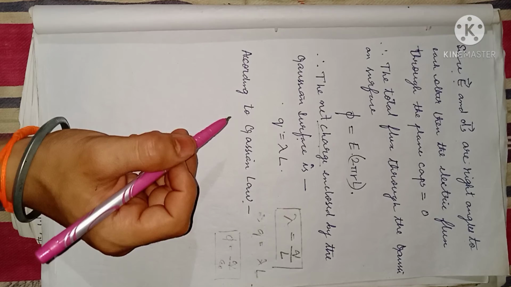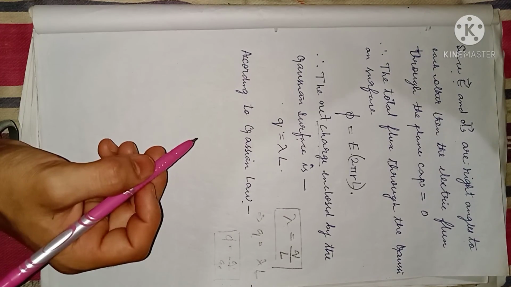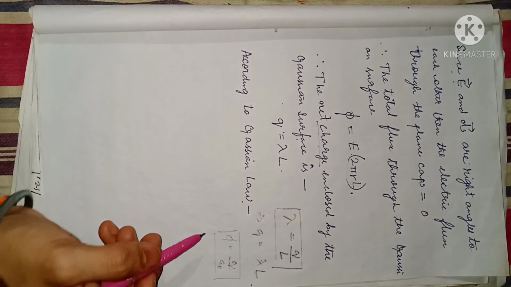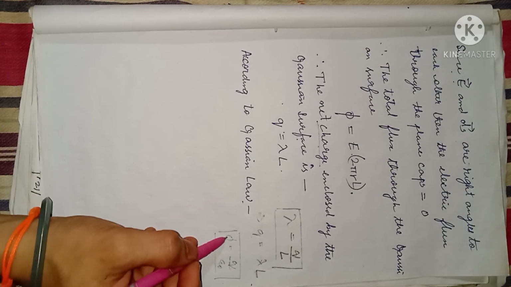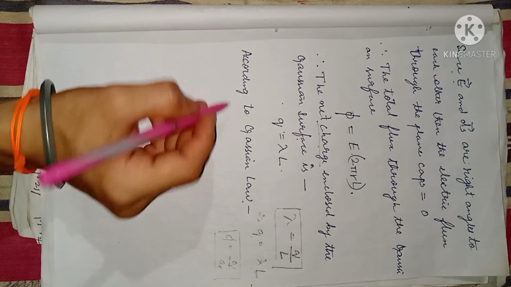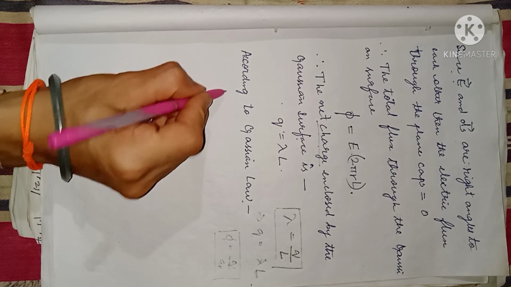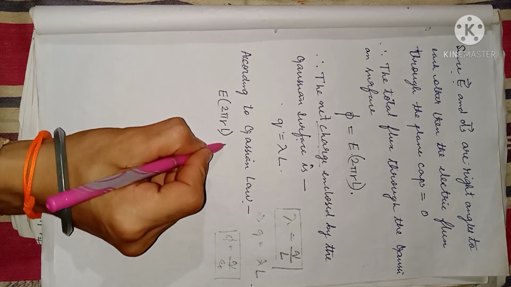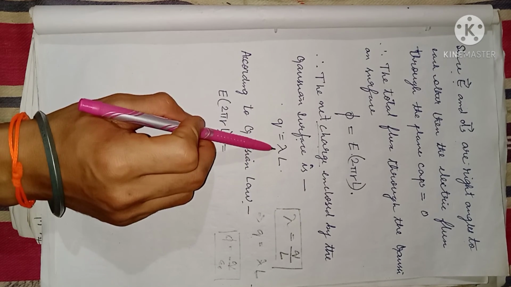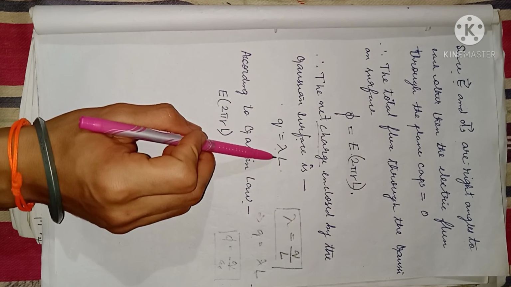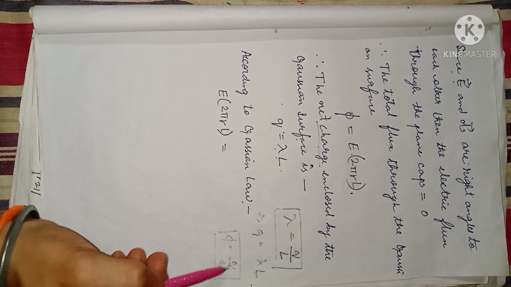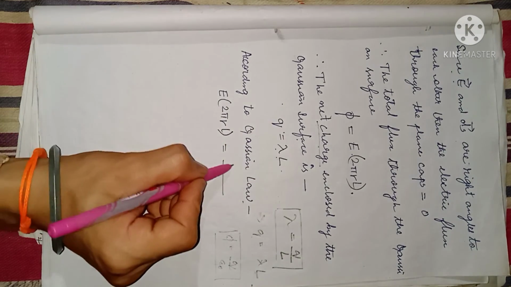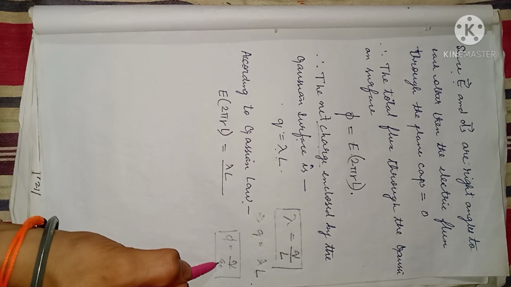Now directly by applying the formula you can note down that since we have found the value of phi, phi is equal to E into 2 pi r l, and lambda into l, the value of q, over epsilon naught.